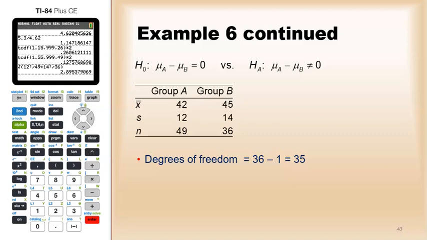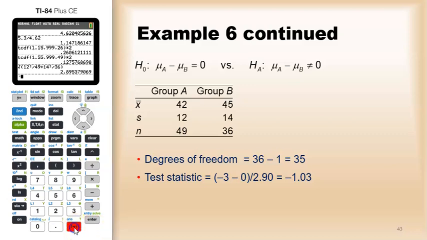Degrees of freedom, the smaller sample size is 36, so we'll go with 35 degrees of freedom. Test statistic is the point estimate, so negative 3 minus 0 divided by the standard error, 2.90. And I get a test statistic about negative 1.03.